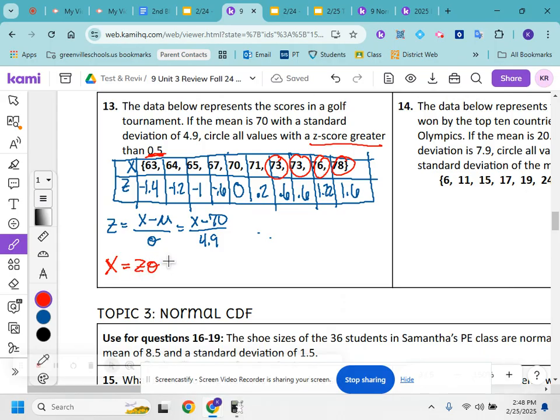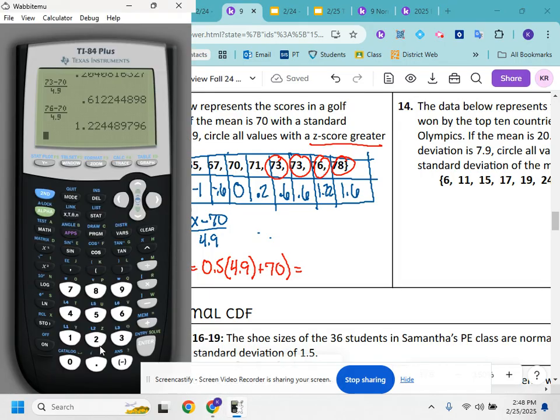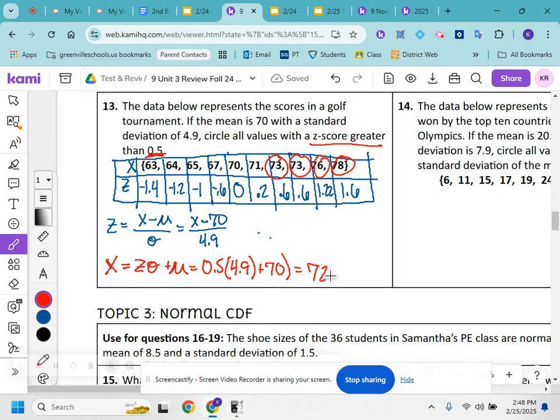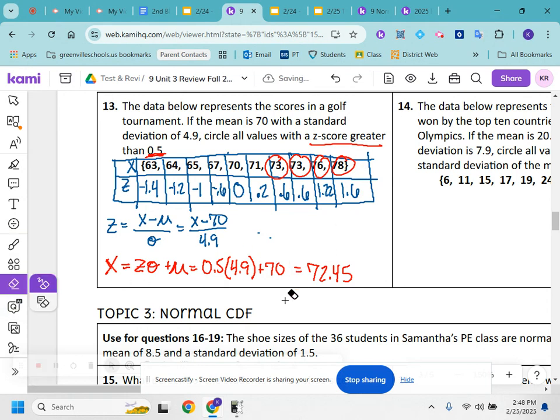So at 0.5, my standard deviation is 4.9, and my mean is 70. 0.5 times 4.9 plus 70 is 72.45. So any number greater than 72 would work, which we already did. I don't care which way you do it, they both work.